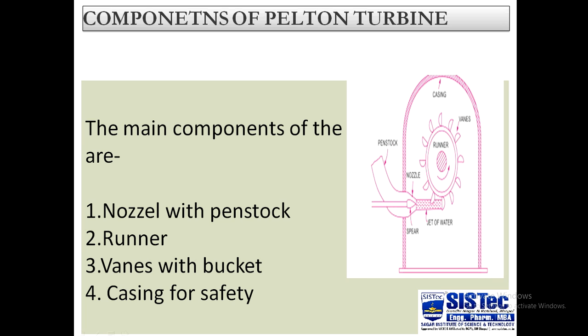Next is the runner with shaft. Next is the vanes or buckets. Next is the casing for safety purposes. A Pelton wheel is an assembly of these parts, and it will work when these parts are attached or mounted properly.